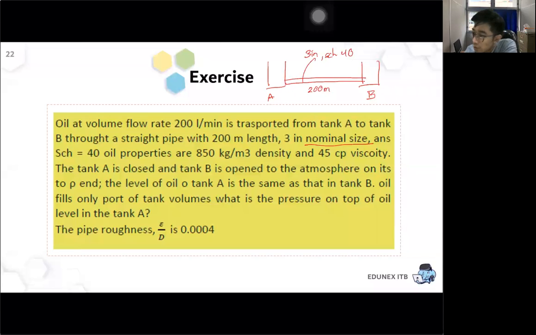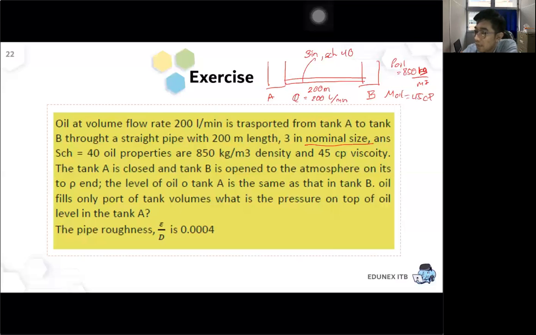Okay, and then oil is transported from tank A to tank B with a flow rate of 200 liters per minute. The oil density is 850 kilograms per cubic meter. And the oil viscosity is 45 centipoise.